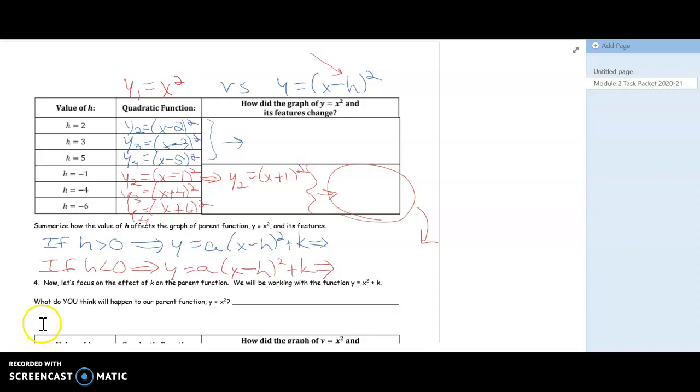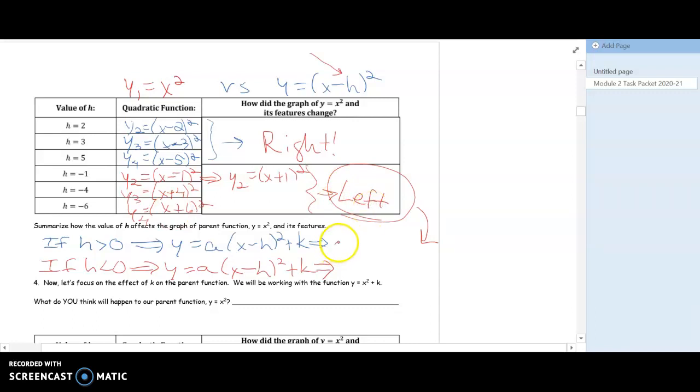What we typically start to notice is if h is positive, it actually looks like subtraction inside that function, and that was certainly a shift, a translation to the right. But if h is negative, it actually looks like addition inside, and that is a shift, a translation to the left.